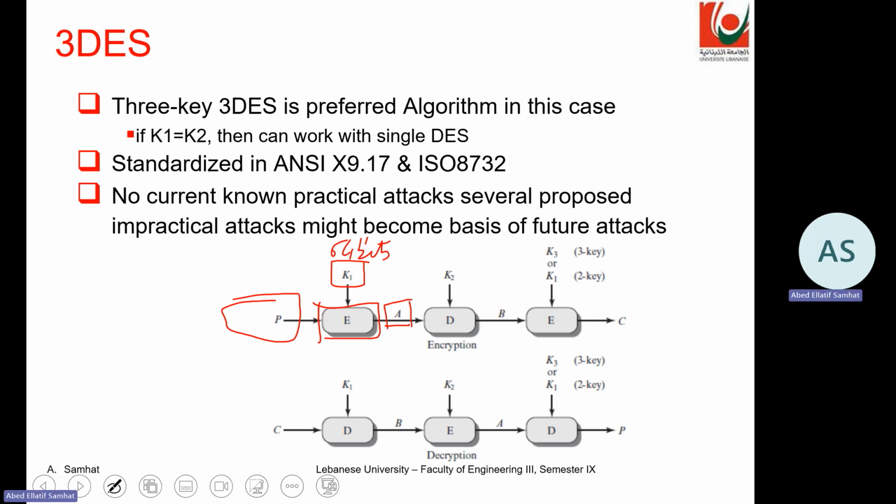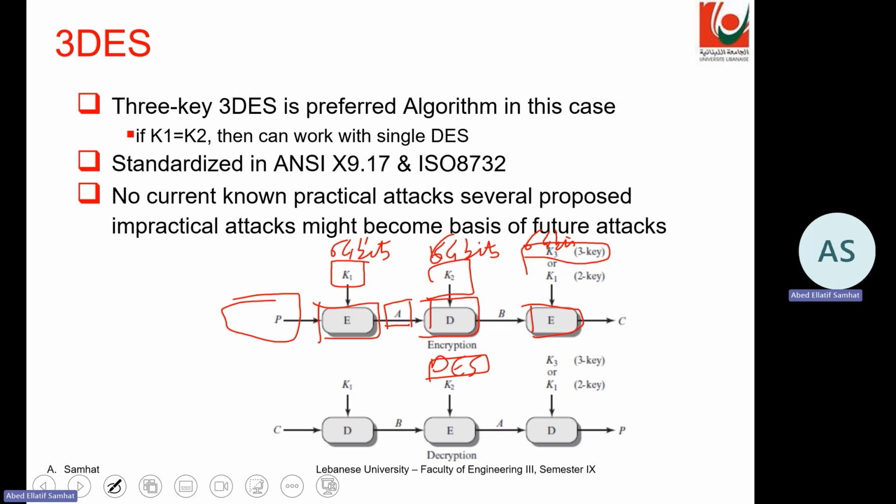the obtained text will be decrypted by the DES algorithm. But in this case, we will use another key, which is K2. This means that we are also applying a kind of encryption in this case. And after that, we will apply one more encryption, and we will use K3. So it's like we apply the algorithm 3 times.